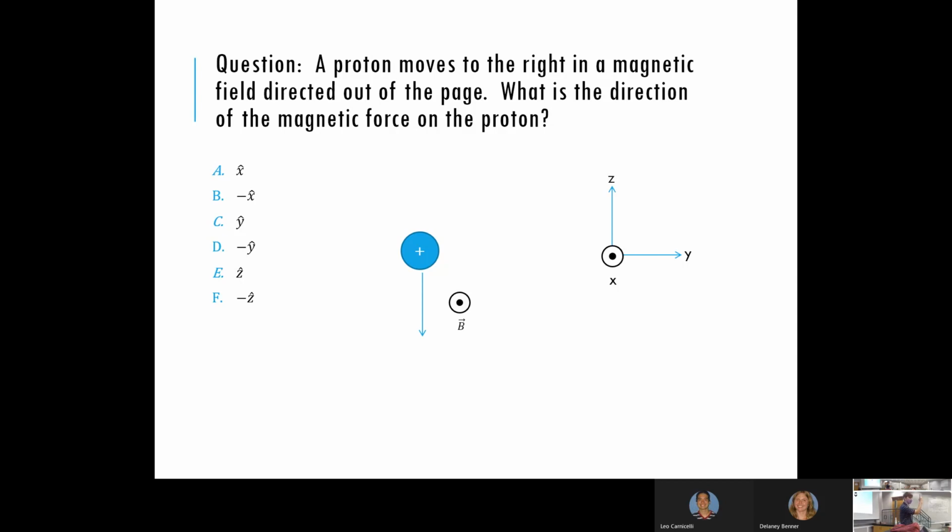How about if I do this? The magnitude stays the same, and what changes? The direction. Force is parallel to the motion, change the magnitude of the velocity, but not the direction.